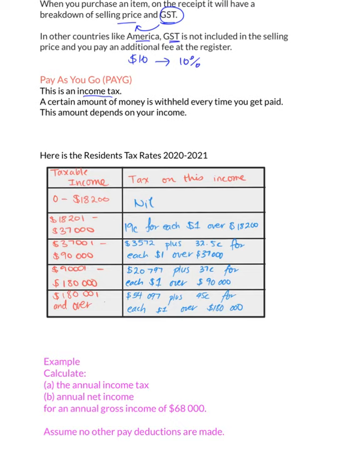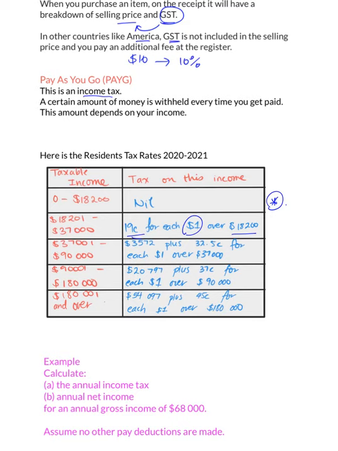So if you're earning between 0 and $18,200, you actually don't pay tax. If you're earning above $18,201 but less than $37,000, then you pay 19 cents for every $1 over $18,200. So that's your tax.